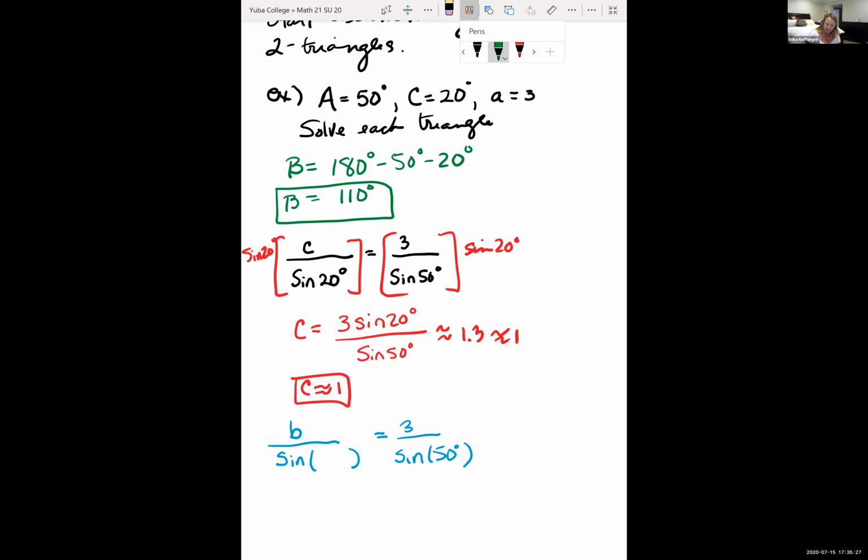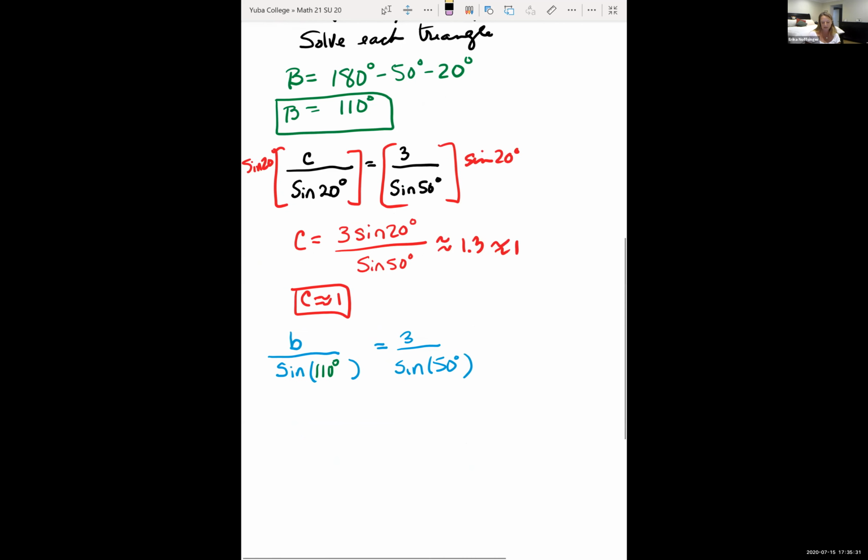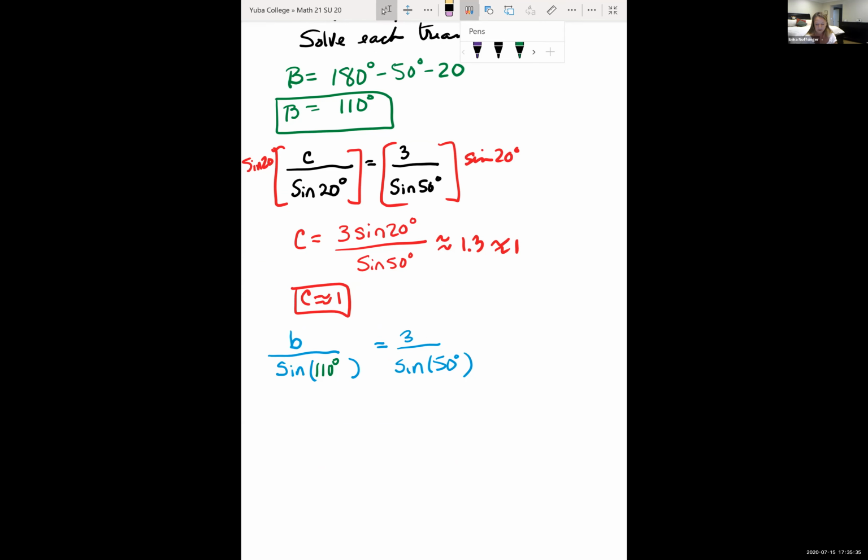So just to get B by itself, we can multiply both sides by sine of 110 degrees. So we get B is equal to 3 times sine of 110 degrees, all divided by sine of 50 degrees.